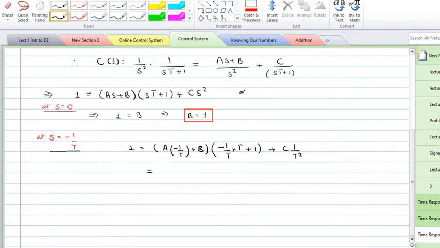This implies that this will be 0 plus C by T square, or this will give you C is equal to T square. Second value.